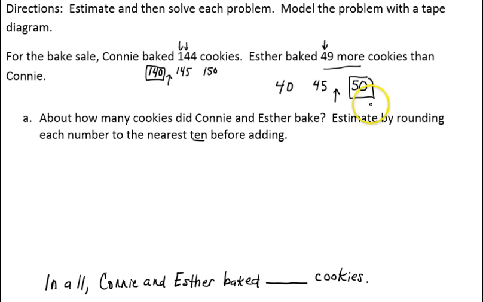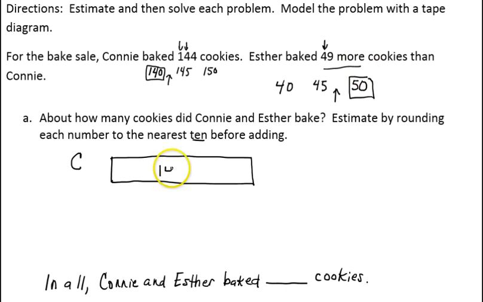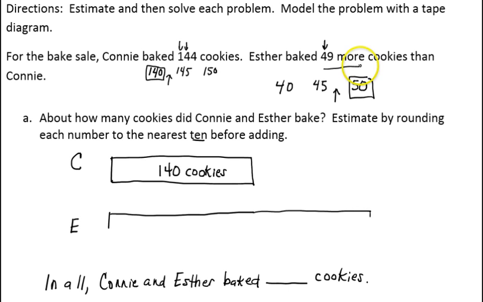Now let's show these numbers on a tape diagram. I'm going to show Connie's cookies on a tape, and that would be 140. And we'll label that. Now we don't know how many cookies Esther baked, but we do know that she baked the same amount as Connie and then about 50 more.